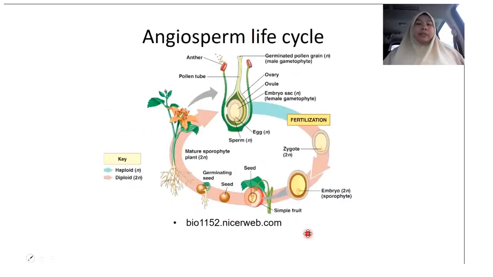You can see from the textbook the picture showing the life cycle of angiosperm. This is the embryo, produced from the fertilization of sperm and egg. The detailed life cycle of angiosperm will be discussed in chapter 9.